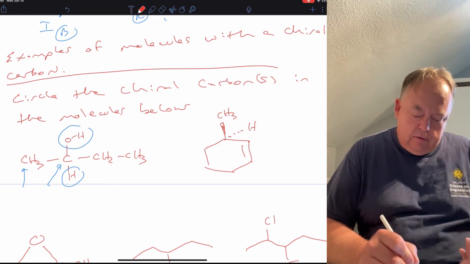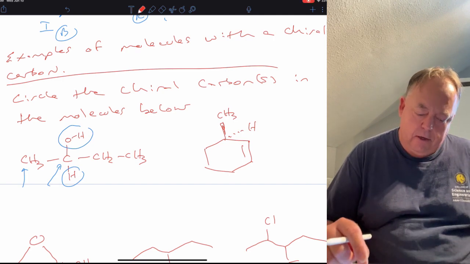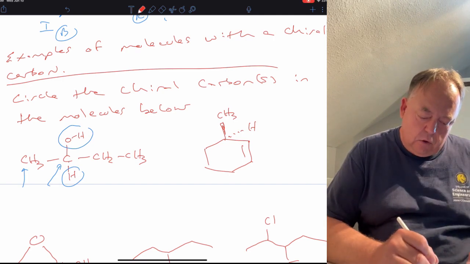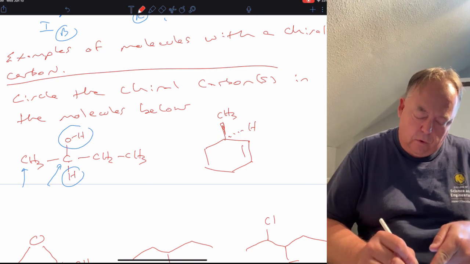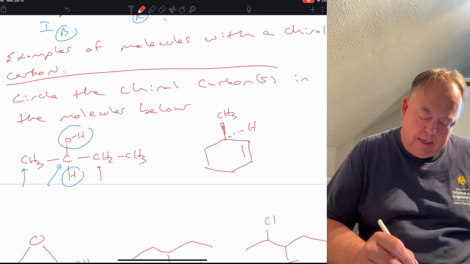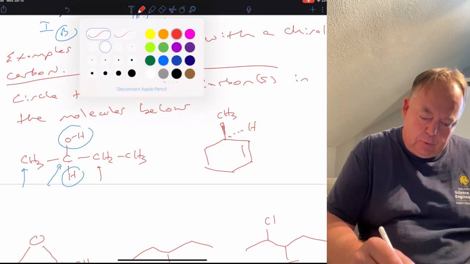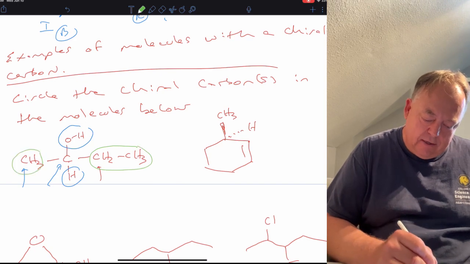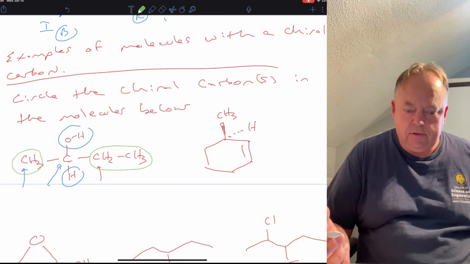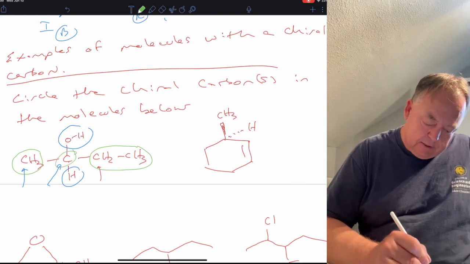That doesn't matter that those 2 atoms are the same, you have to consider the entire pathway. So if you go to the left, you go to a carbon, and then that carbon goes to 3 hydrogens. If you go to the right, you go to a carbon, and that carbon has 2 hydrogens and another carbon attached. So the point is that this is a different pathway than this, so that's 4 different things. So that carbon is chiral. So that's a chiral carbon.